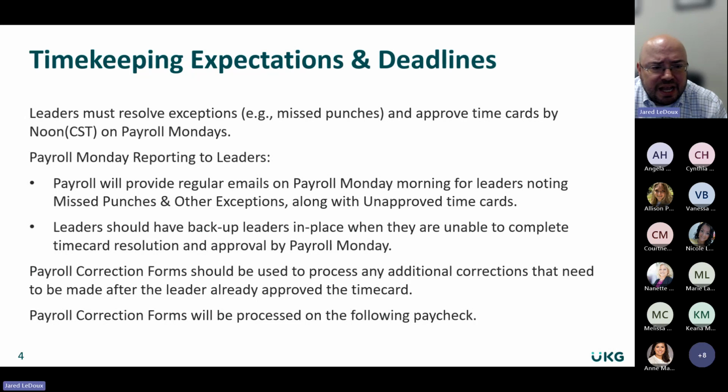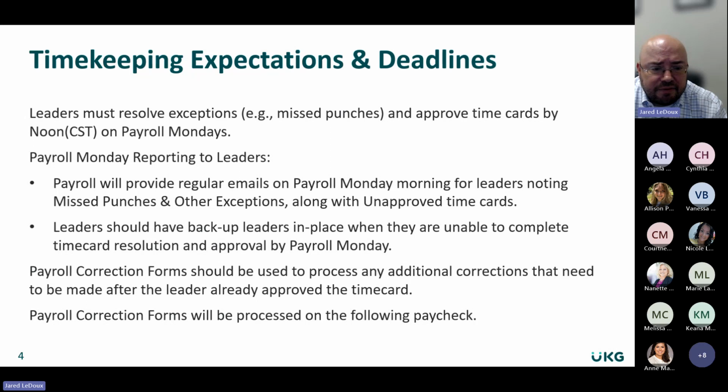After payroll Monday morning, we really need to move forward with payroll, processing it and making sure that we're accurate. And so additional corrections that come after that are really ones that need to be done through the payroll correction form and submitted for the next payroll. Those would be processed on the following payroll.